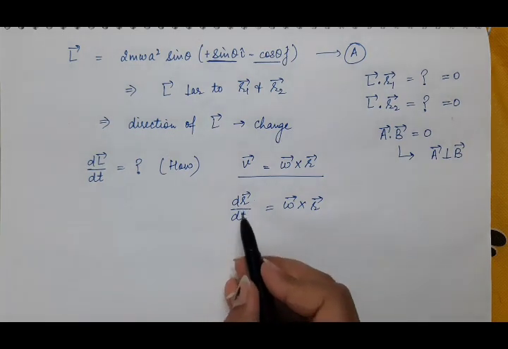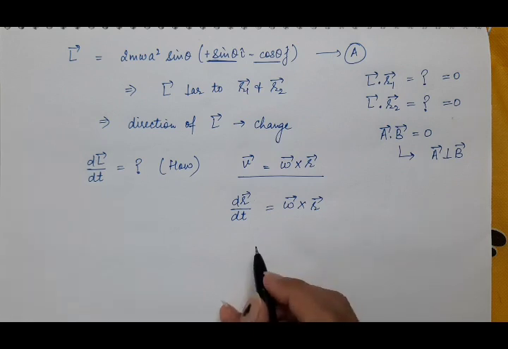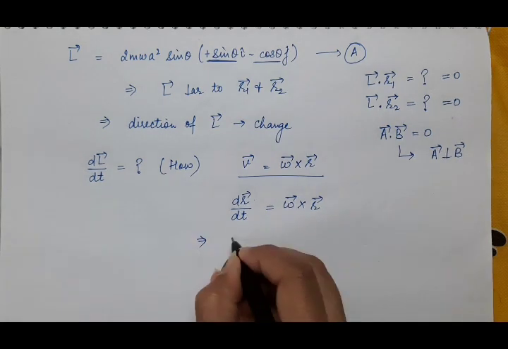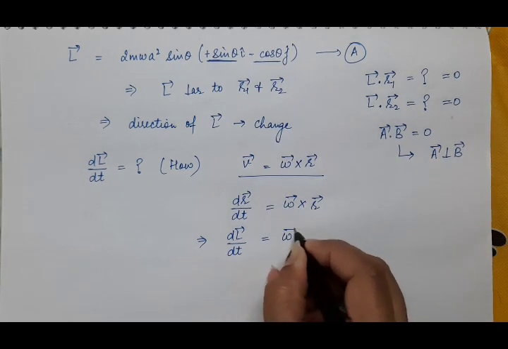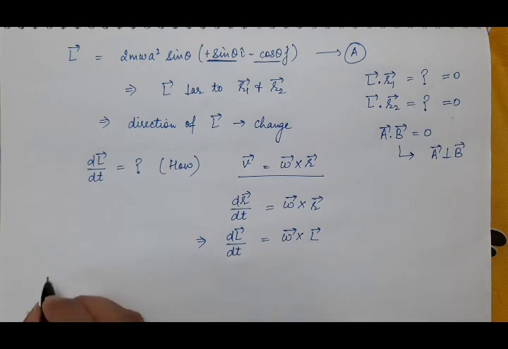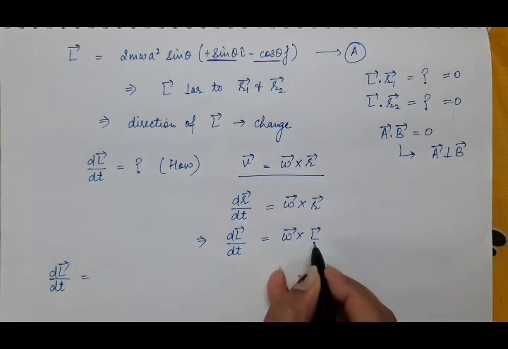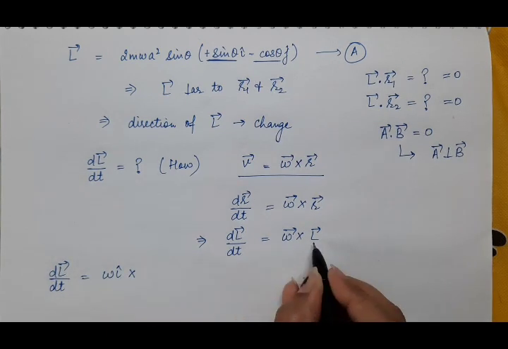So if dr by dt is equal to omega cross r, then on a similar note, we can write dL by dt is equal to omega cross L. It means we can find this dL by dt by putting the values of omega and L. Omega vector is omega i cap, cross, what is the value of L vector?